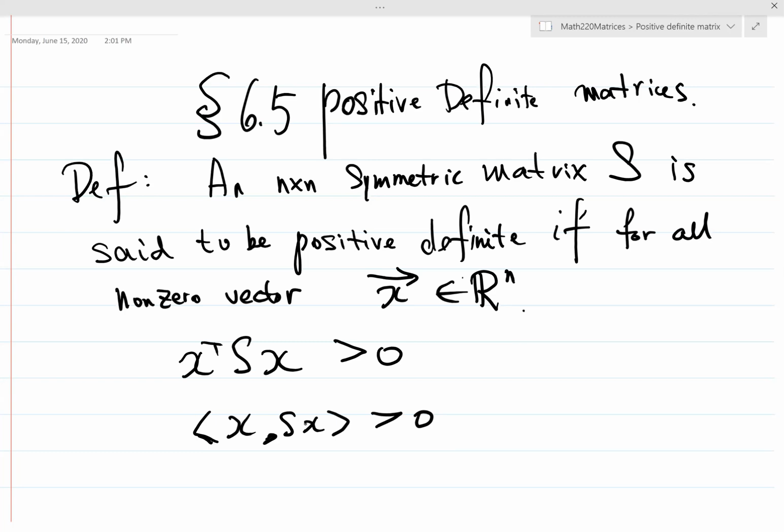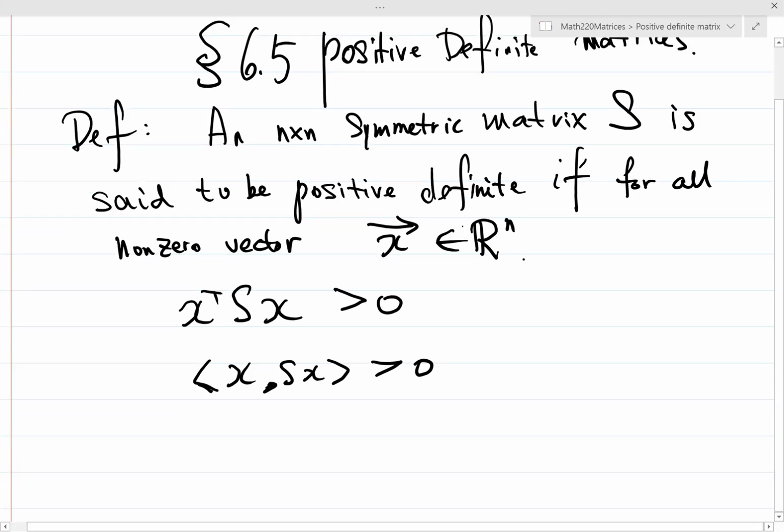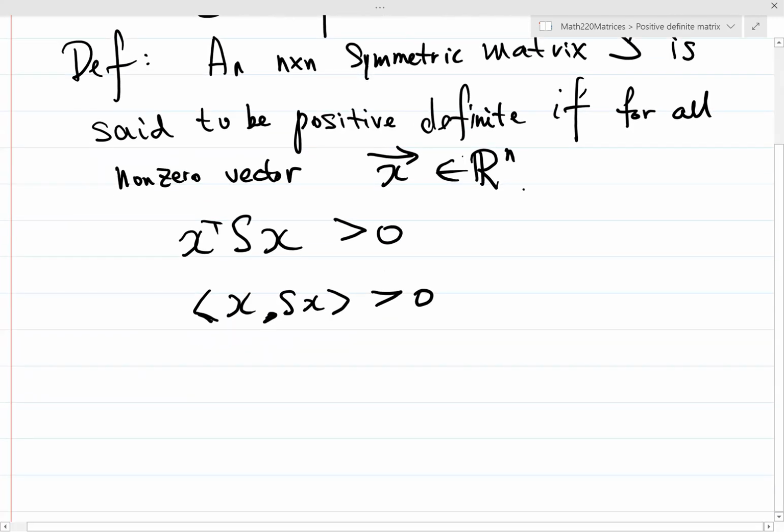In some different literature, you may see a definition without the symmetric condition, but in this course we assume in the definition that the matrix S should be symmetric. And then S is called positive semi-definite if the strictly positive can be greater than or equal to 0.